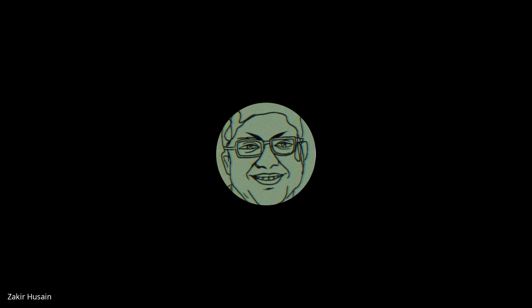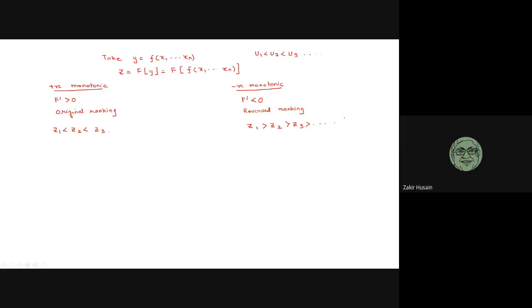In case of a negative monotonic transformation, f prime is negative, so the ranking gets reversed. So now what we are going to get is z1 is greater than z2 greater than z3 and so on up to zn. Okay, is this clear?